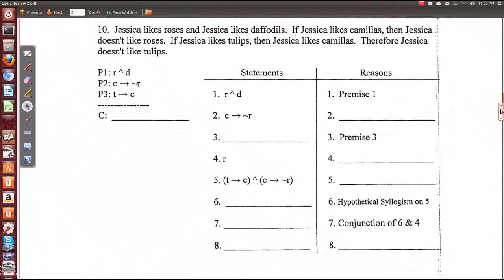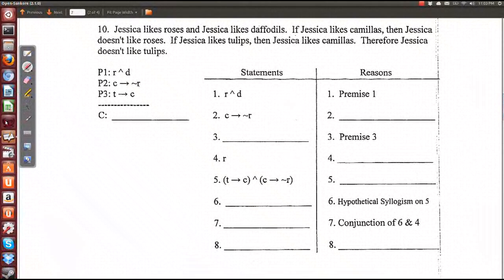We've set up number 10 as a fill in the blank problem. So my first premise is Jessica likes roses and Jessica likes daffodils. If Jessica likes camellias, then Jessica doesn't like roses. If Jessica likes tulips, then Jessica likes camellias.